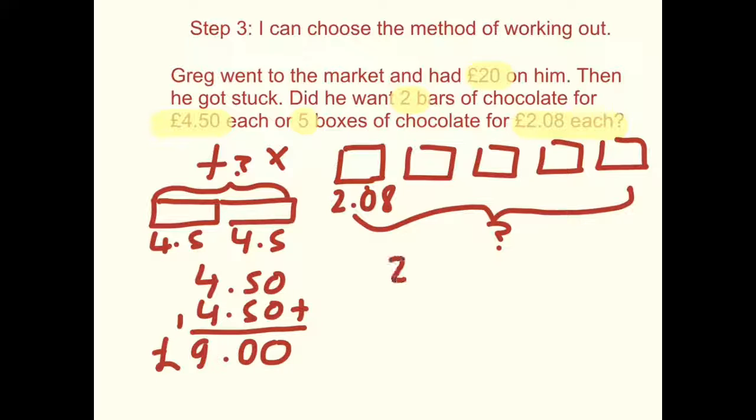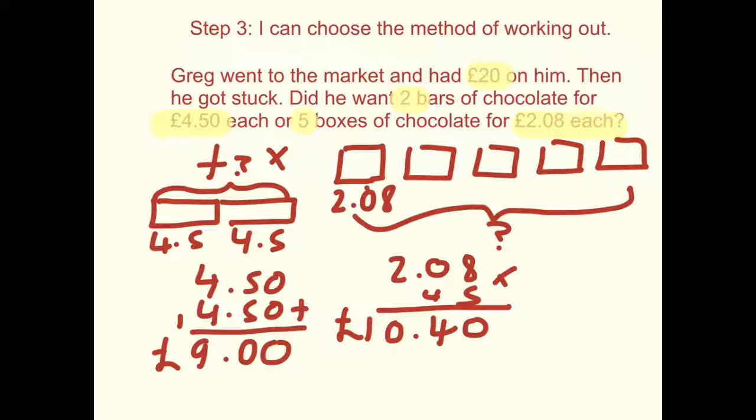So let's do £2.08, multiply it by 5, because it's 5 boxes. So we'll do 8 times 5 first, that's 40, 0 there, okay, the 4. 0 times 5 is 0, add 4 is 4, decimal point in the same place. 2 times 5 is 10.